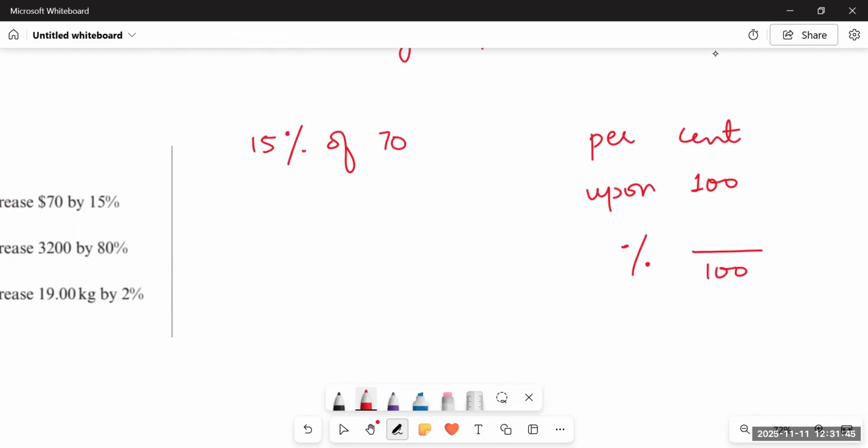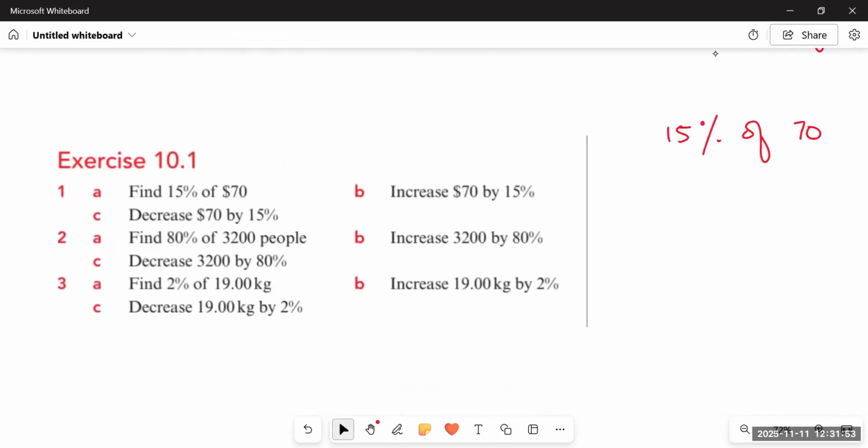Whatever number is given comes in the numerator and the denominator is 100. 15% means 15 upon 100. So 15% of 70 is 15 upon 100 multiplied by 70. You can cut 0 with 0 and then multiply 15 by 7 and then divide it by 10. That's it.